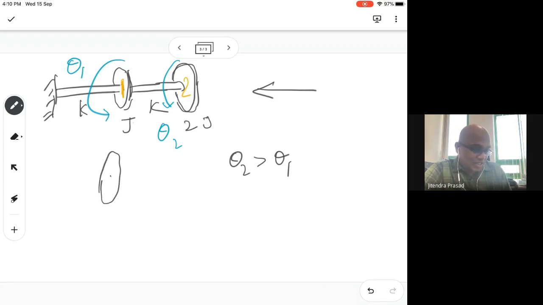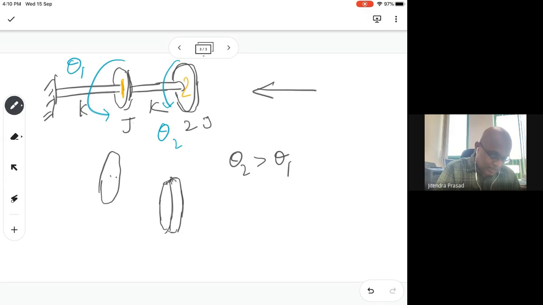There will be two kinds of forces acting on this one, right? Let's draw it even better so that it's more clear. So let's say it's like this.